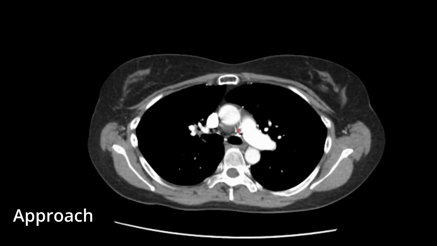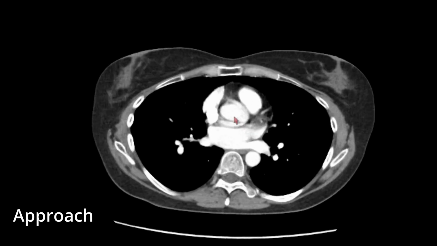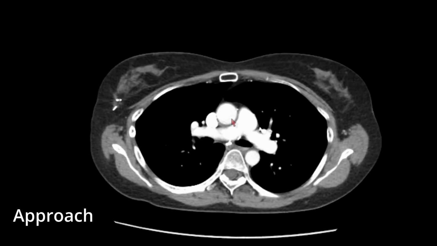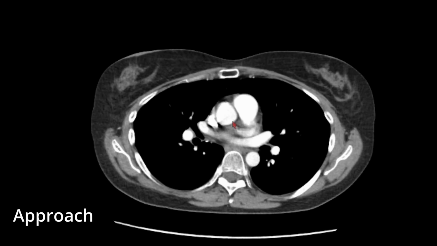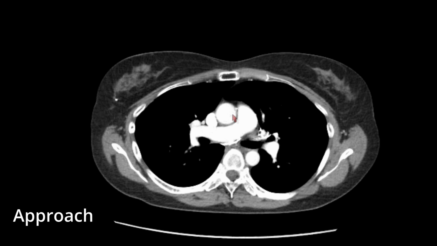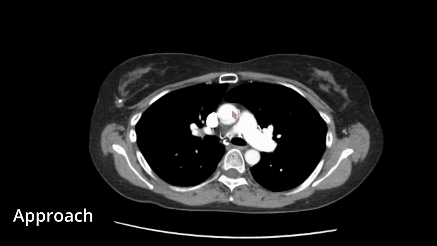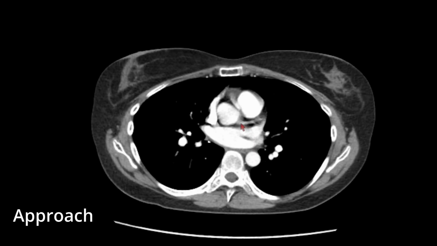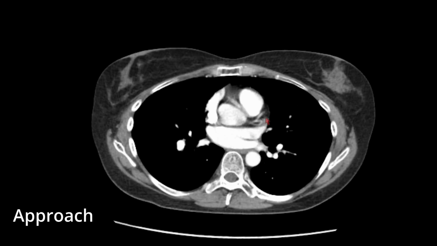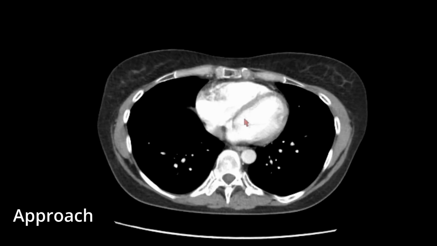We look at the aorta and the size of the ascending aorta and make sure it is not dilated. The usual cutoff is dependent on the institution, but we tend to take a cutoff of 4 centimeters as the upper limit of normal for the ascending aorta and 3 centimeters as the upper limit of normal for the pulmonary trunk. Then we look at the coronary arteries and look for any obvious big calcification that might be there.